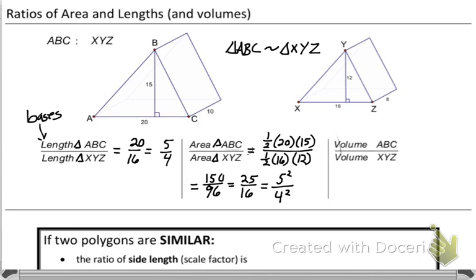All right, let's do volume really quick. So volume is going to equal area of that triangle times that depth. Okay, so we already know the area of triangle ABC is 150. And we're going to multiply that by its depth of 10. And the area of triangle XYZ we said was 96, and its depth is 8.